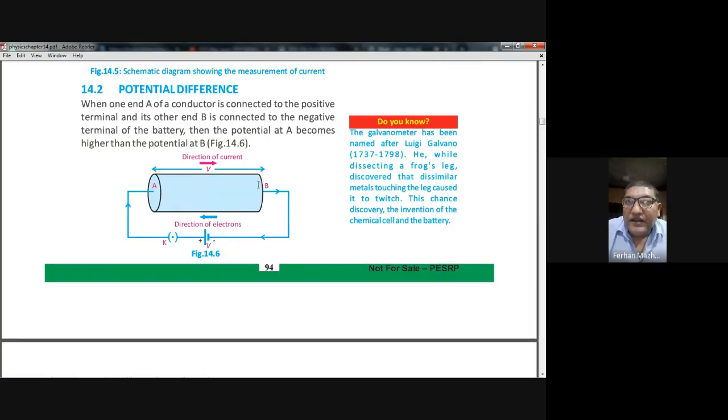Try to understand. When unit charge means 1 coulomb charge. Coulomb is the unit of the amount of charge.